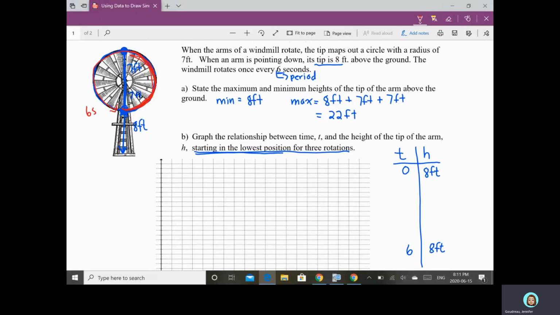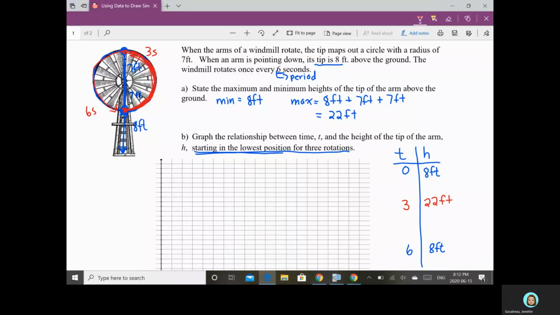Halfway around the circle is going to take half the amount of time, so it will take us 3 seconds. So at 3 seconds, let's talk about what height we're going to be at. Since we started at the bottom, halfway around the circle would be at the top, which means we are at our maximum height. We established what that maximum height is in A, so we would be at 22 feet at 3 seconds.